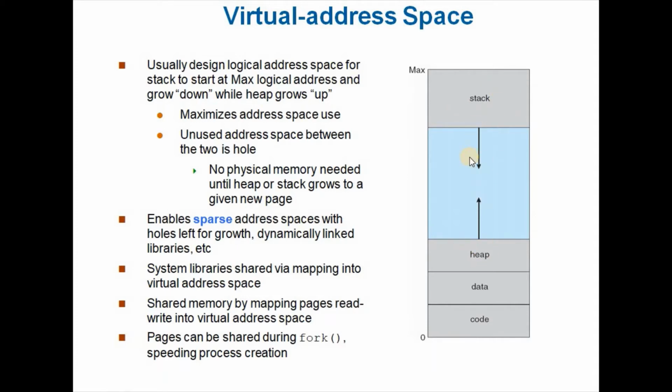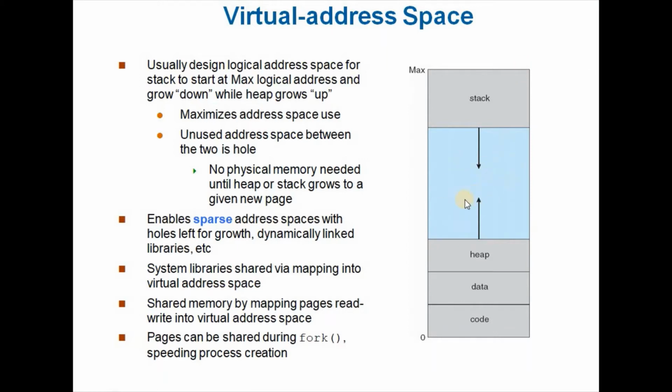Whenever we are using a process address space or virtual address space, we will enable a sparse address space, because when we are using dynamic linking and loading, we need to use some memory locations which are currently free. That is, during execution time, we need to allocate some memory locations.